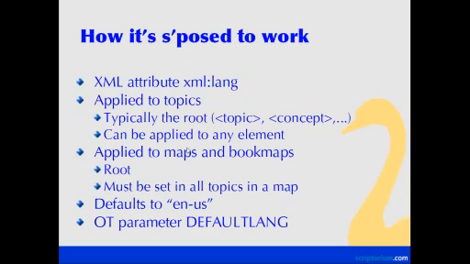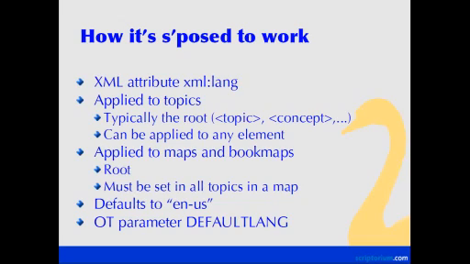How we're going to do things in localization in the DITA Open Toolkit. We base things on an XML attribute named XML:lang, and use this attribute to specify the language and locale that a particular piece of content is encoded in. Now, usually you apply the XML:lang attribute to topics. This is usually at the root.